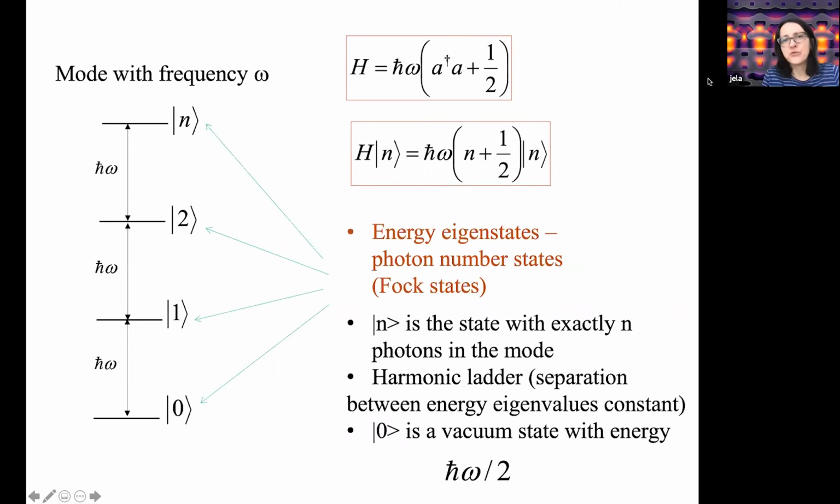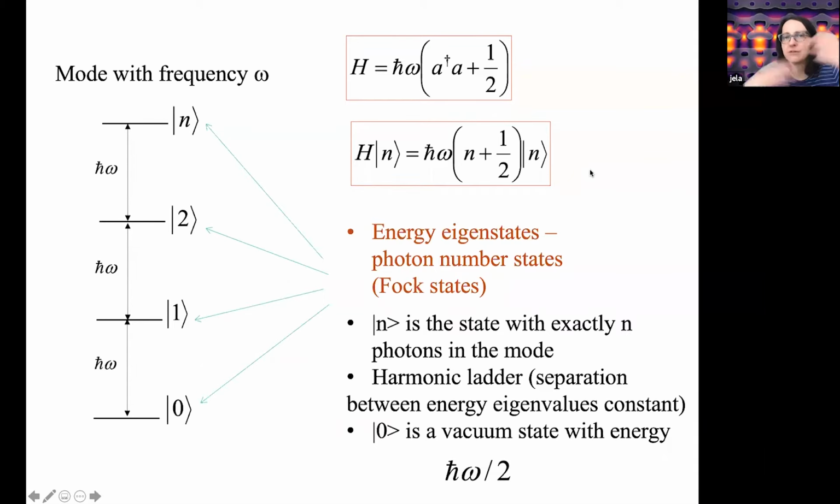Okay, so far we just have a Hamiltonian, right? So here is our Hamiltonian, h bar omega, A dagger A plus 1/2. This is the Hamiltonian of a harmonic oscillator. And you probably know from quantum mechanics that you can have eigenstates of this system and you can find energy eigenvalues.